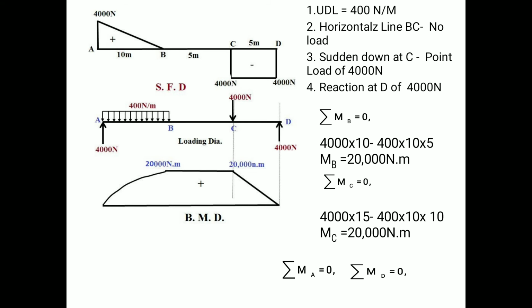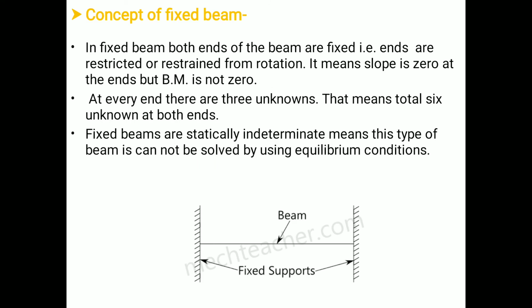So in the next lecture again we will discuss the concept of the fixed beam. What is a fixed beam? In a fixed beam, both ends of the beam are fixed. Ends are restricted from the rotation.